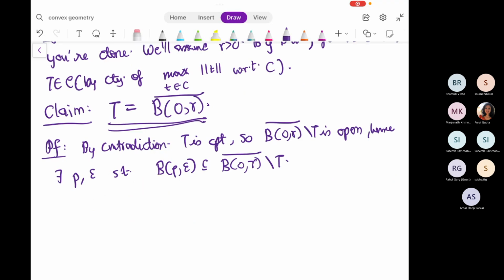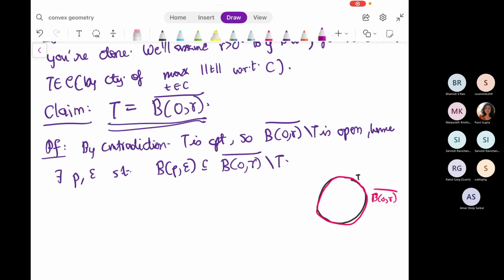Again, let's draw a diagram. So let's assume that T is B0r exactly minus a ball. For the sake of convenience, let's say that this is the ball of radius 0r and T is exactly the ball of radius 0r minus a set.